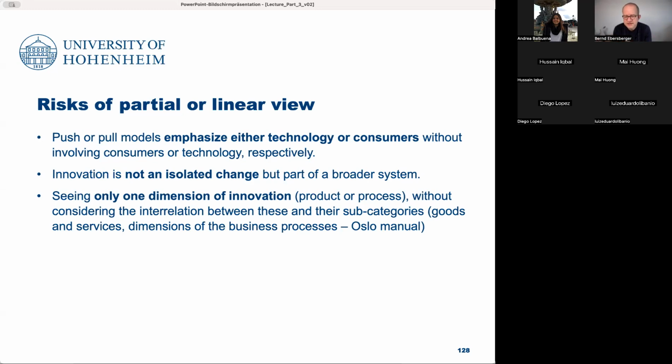Plus, of course, you can't possibly think about a service innovation that does not involve new technologies, new processes for provision of these services. Hardly conceivable. So also that is a risk of a partial view of innovation when you only look at either product or process innovations, etc.